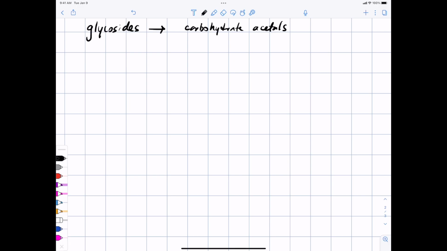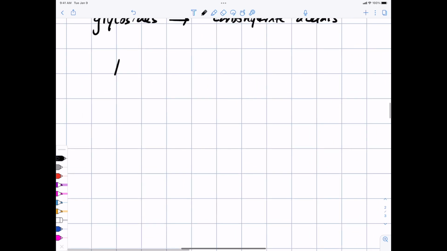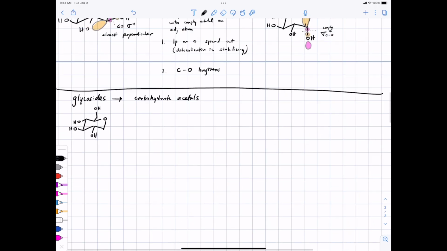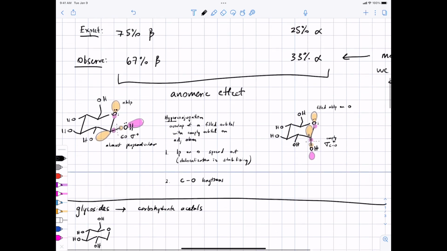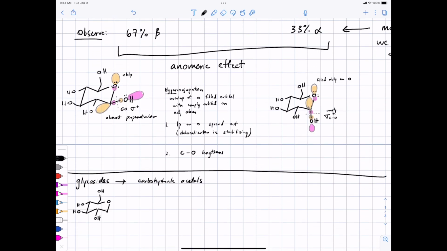You can make a simple glycoside by... Sometimes when people want to communicate, I have a mixture of alpha and beta anomers, because that's what you get when you put glucose in solution.